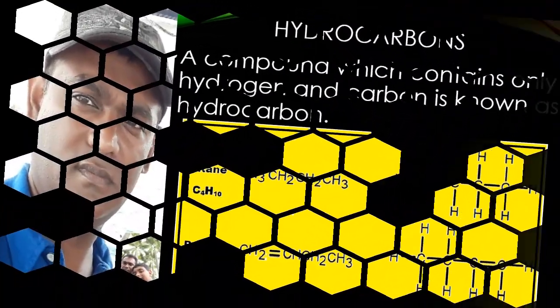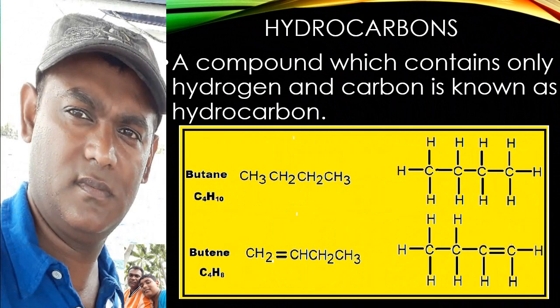What is a hydrocarbon? The term hydrocarbon comes from hydrogen, carbon atoms. A compound which contains only hydrogen and carbon is known as a hydrocarbon. For example, butane is a hydrocarbon where it contains only carbon and hydrogen.